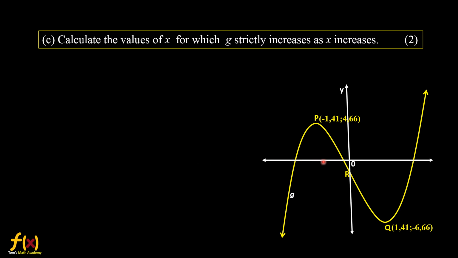From negative infinity to negative 1,41. Here, from 1,41 to positive infinity. So we write the answer: x less than minus 1,41 or x greater than positive 1,41. That is the answer. I have drawn you a clear diagram for a clear explanation.